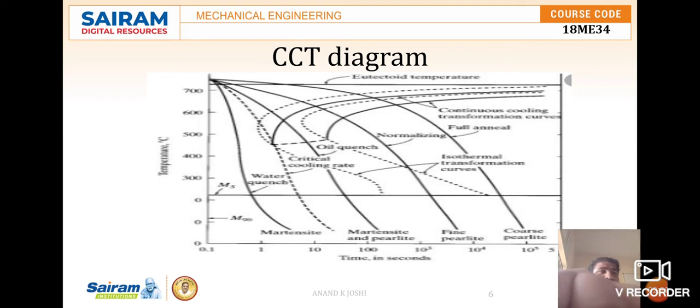Here the martensite and pearlite region is separated by this line, and the cooling rate will be around 140 degrees centigrade per second. For a cooling rate of between 140 and 40 degrees centigrade per second, the austenite starts transforming to pearlite, but the transformation is not completed.